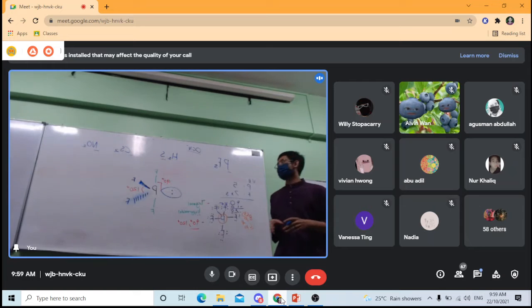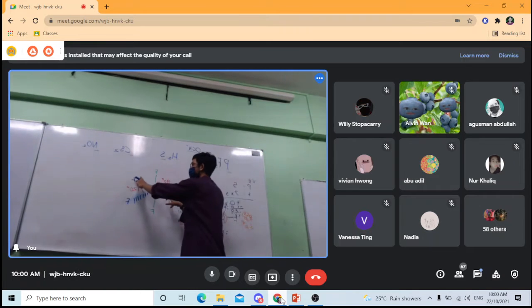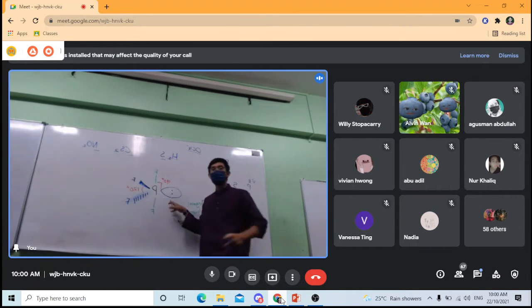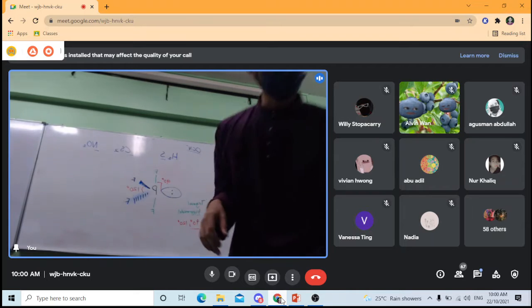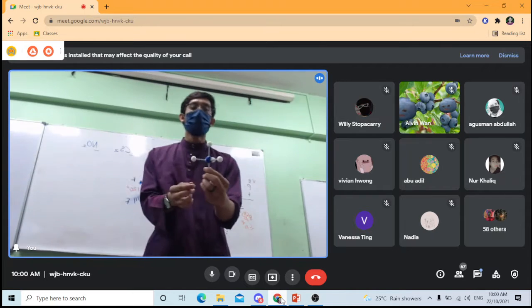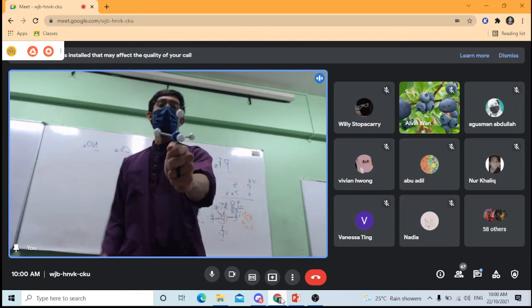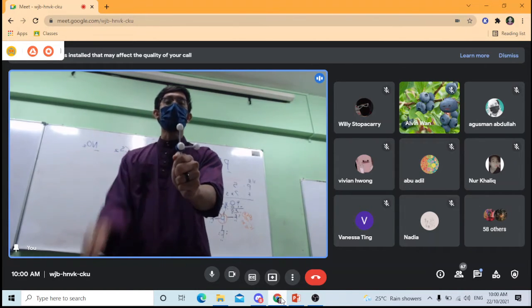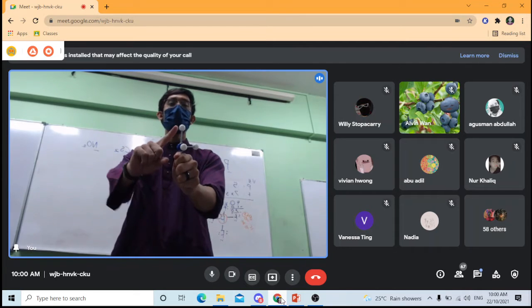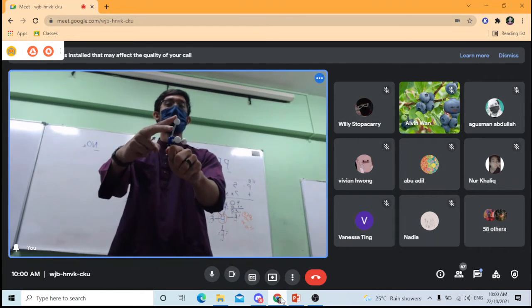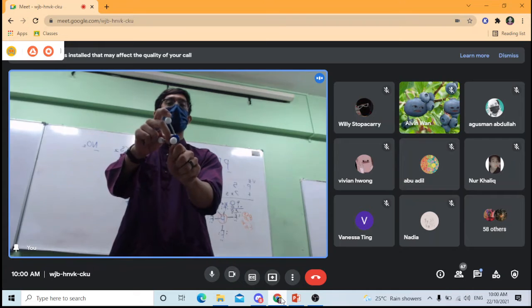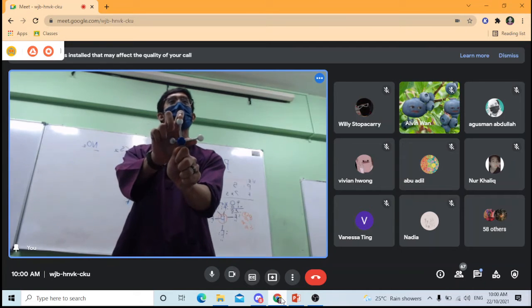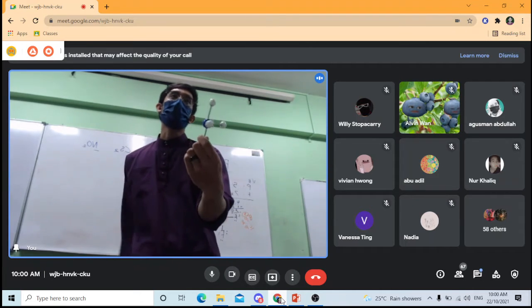This is not on the syllabus yet, but actually this can rotate. Try this. I'm holding this firmly and it can rotate. So if you replace one with a lone pair, maybe it pushes, bends a bit, but at one point it will rotate and that thing will bend the other way. So this angle will not change.